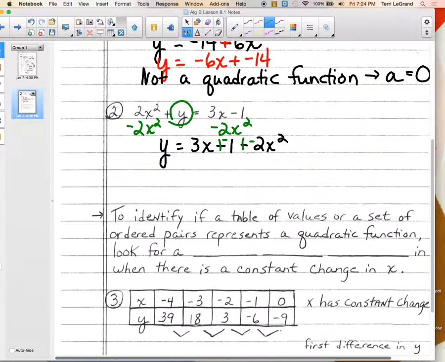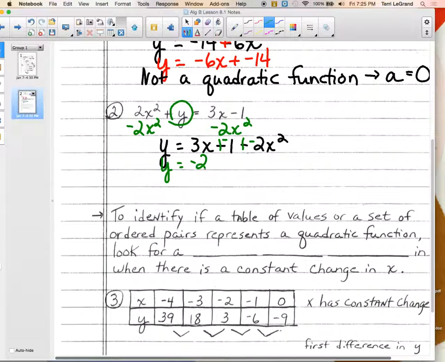And now the next step says get the right side, the other side, in standard form. So we're going to put 3x plus negative 1 plus negative 2x squared in standard form. Remember, standard form is the variable term with the highest exponent gets to be first.